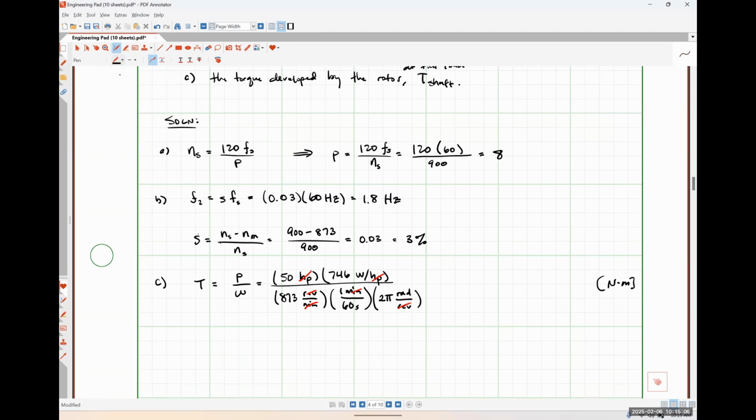That's our conversion to go from our speed measured in RPM to our angular frequency. And this is going to come out to be 408 watt seconds based on these units, where a watt second is actually the same thing as a joule, which is the same thing as a Newton meter, our measure of torque.